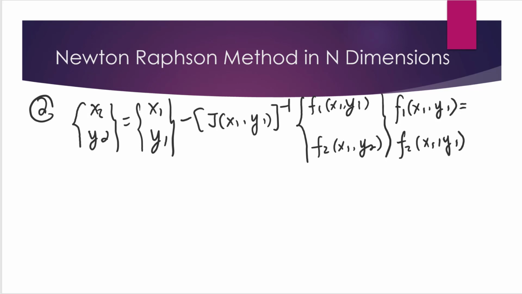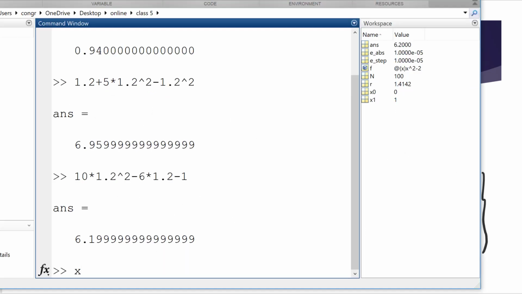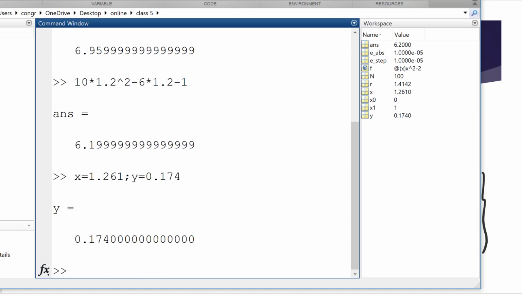So f1 is y plus x squared minus x minus 1/2. So let's see, x is equal to 1.261 and y is equal to 0.174.